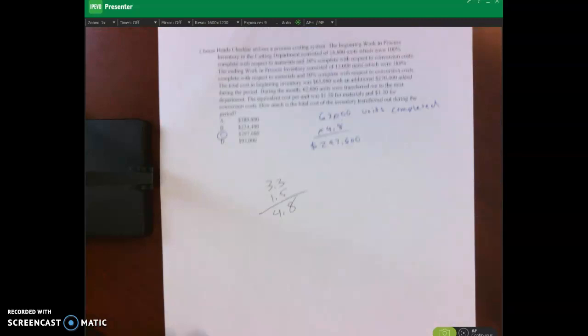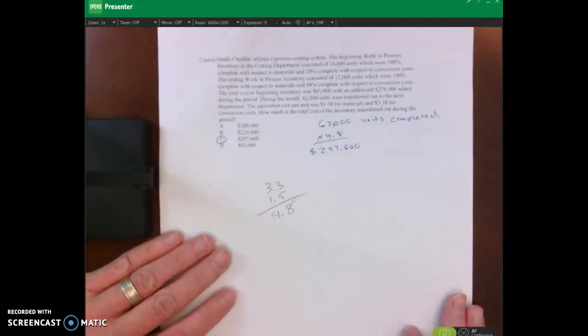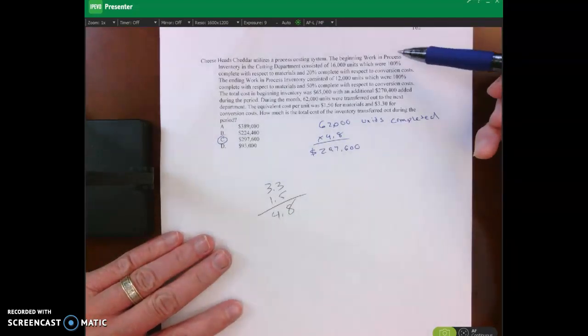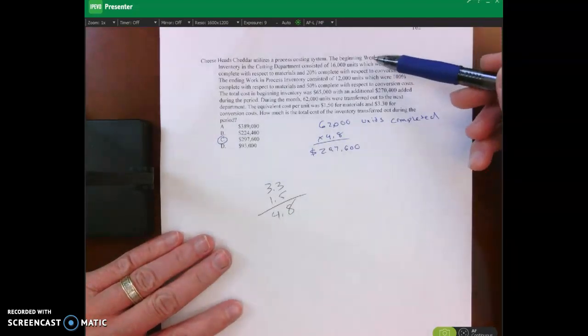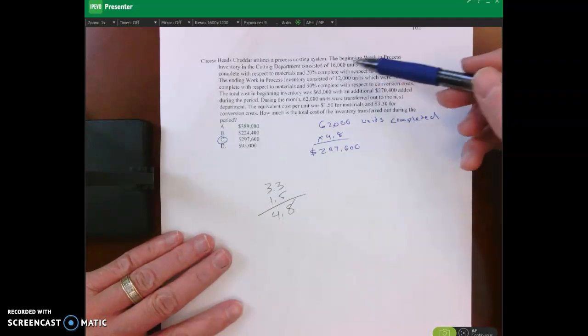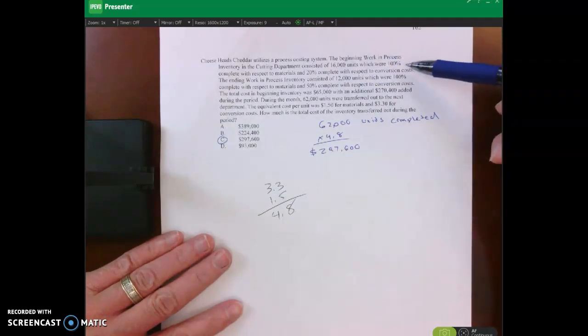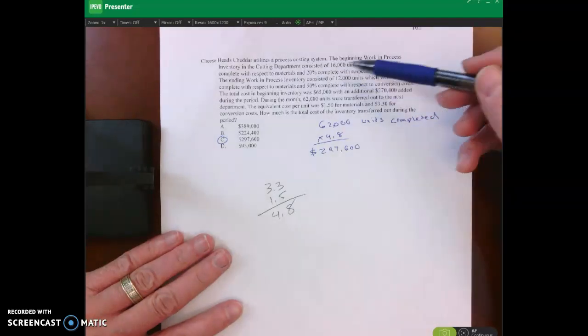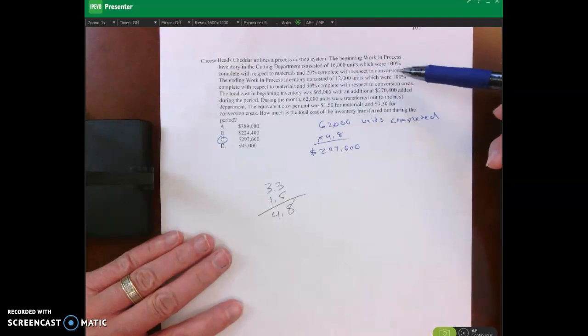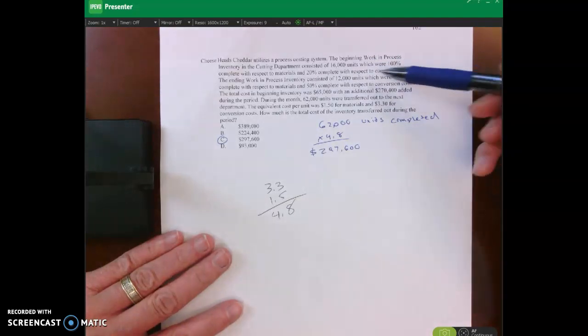Okay? And then the last one, when you look over here, Cheeseheads uses a process costing system. Beginning WIP consisted of 16,000 units, which were 100% complete with respect to materials, 20% complete with respect to conversion. Ending WIP consisted of 12,000 units, which were 100% complete with respect to materials, 50% complete with respect to conversion.